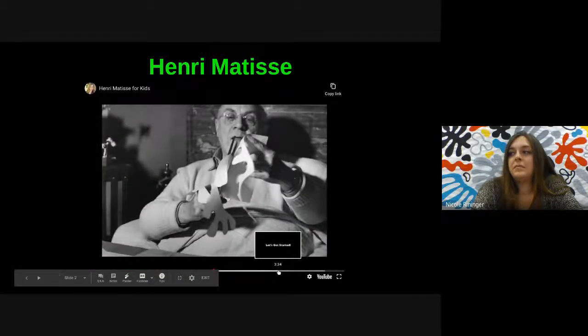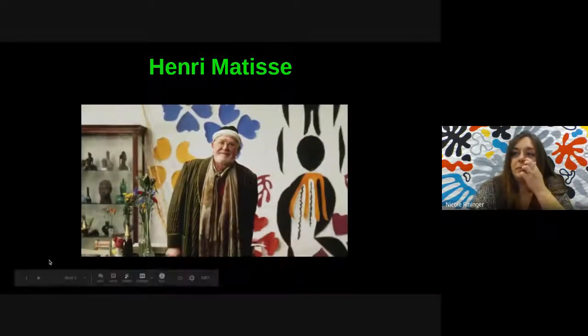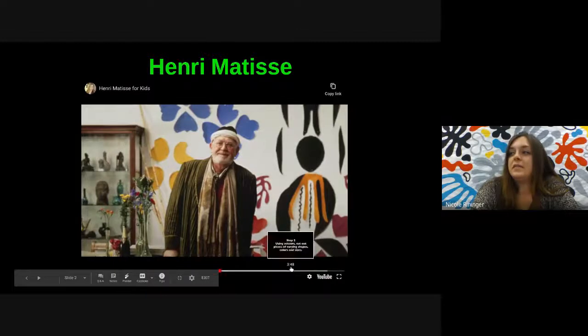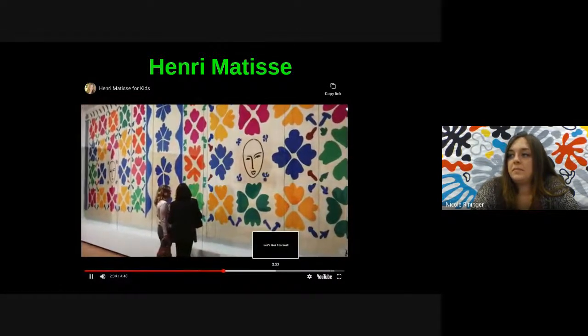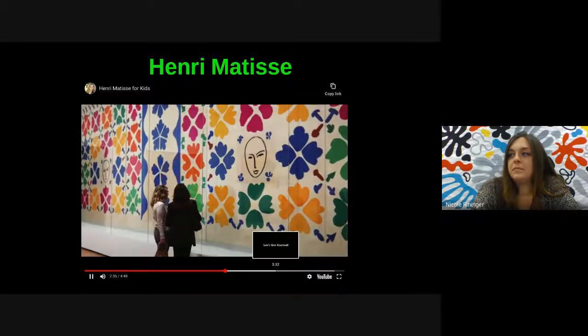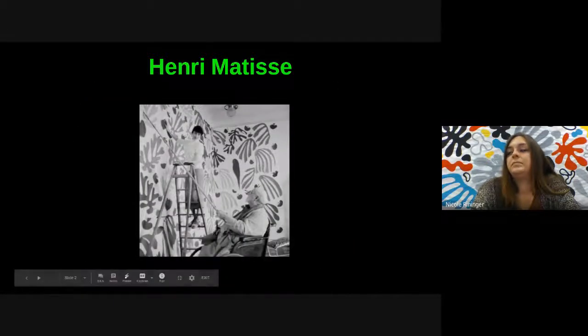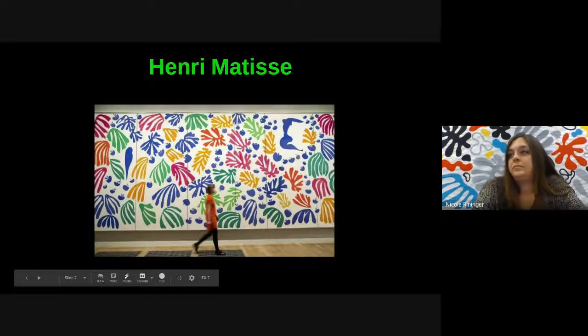Matisse would cut pre-painted paper into various shapes and sizes and then arrange and glue them on other pieces of paper, sometimes mural-sized paper that was as big as a wall. He would have a helper pin the cutouts on the wall and move them around until they were just right.